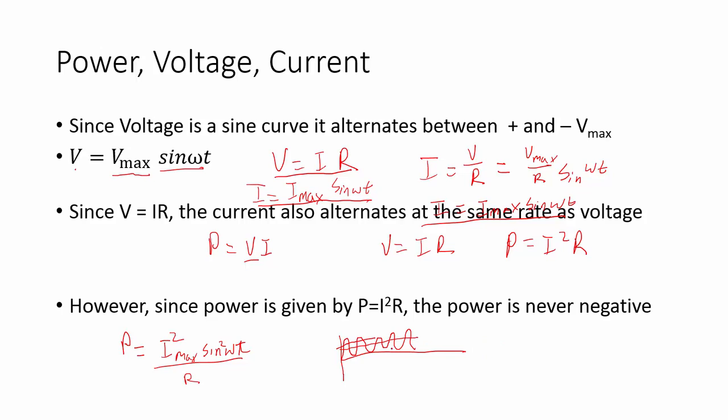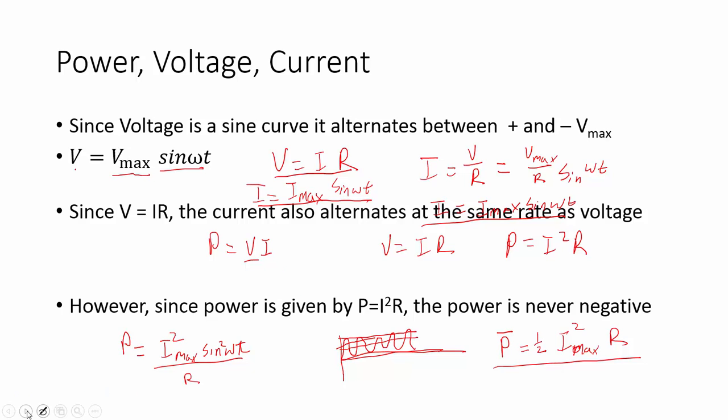So since the power's up here sometimes and down here sometimes, the effective power, or the average power, that's with the bar over the top, is equal to half of I max squared R. And we're going to use that to solve for voltage and for current.